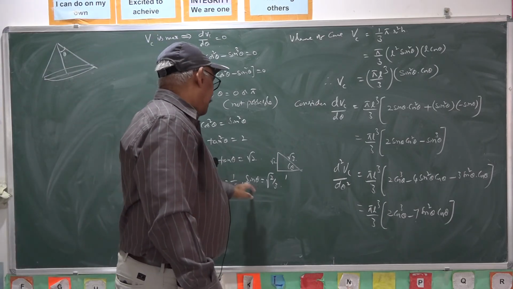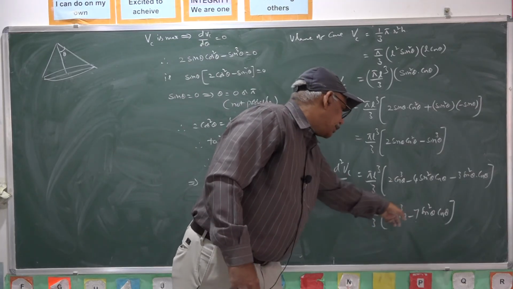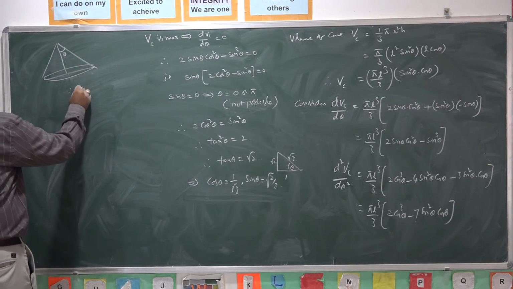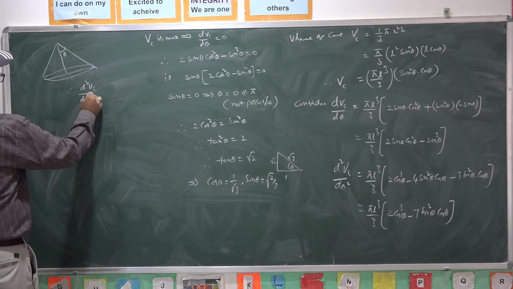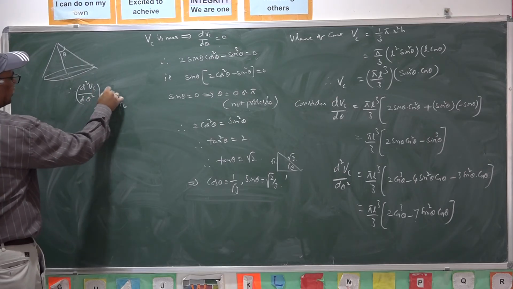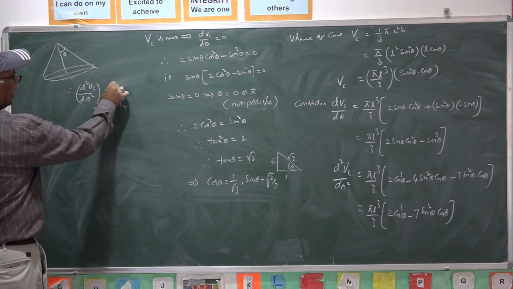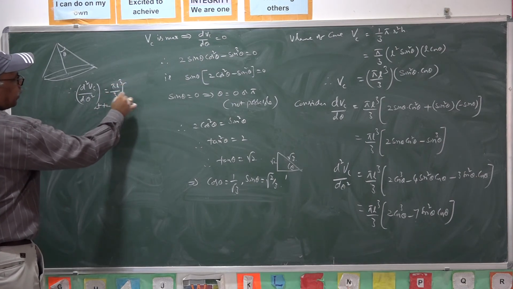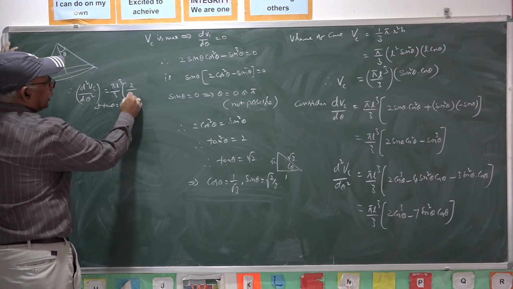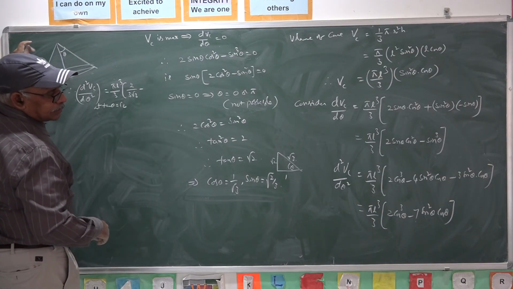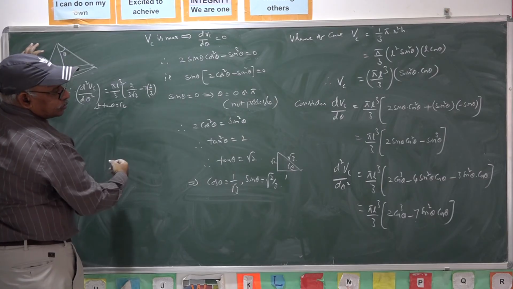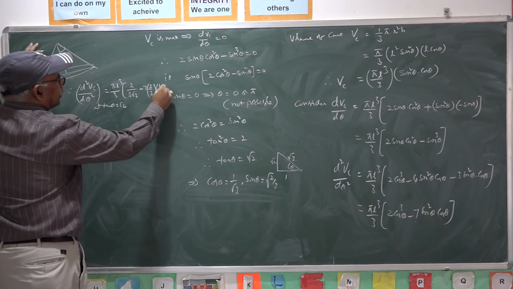Once tan theta is root 2, you have the sin and cos values. You can put these values in this one to calculate d square Vc by d theta square. So, d square Vc by d theta square at tan theta equal to root 2 is pi L cube by 3 multiplied by 2 cos cube theta, that is 2 by 3 root 3, minus 7 into sin square theta into cos theta, that is 2 by 3 into 1 by root 3.